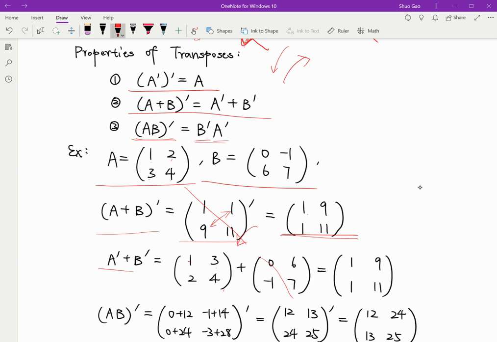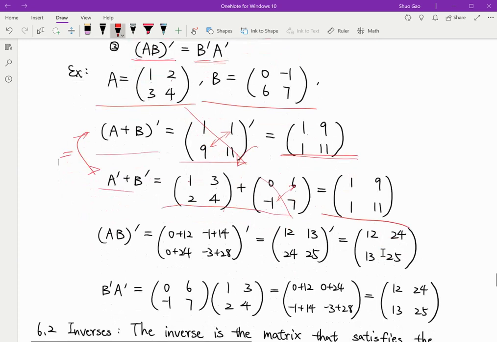So 0 and 7 don't change, and the minus 1 and 6 change the position. And then we calculate the addition and we find that these two are equal to each other. So A plus B, and then prime, is just equal to A prime plus B prime.